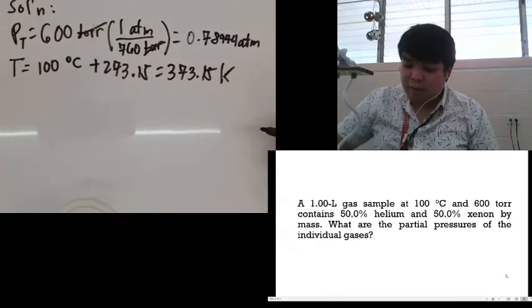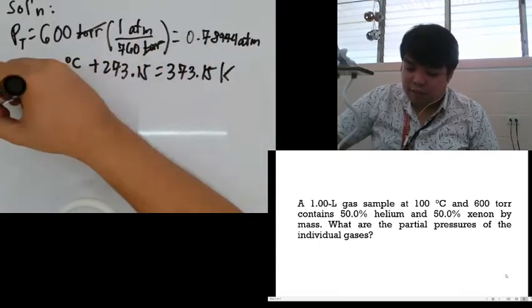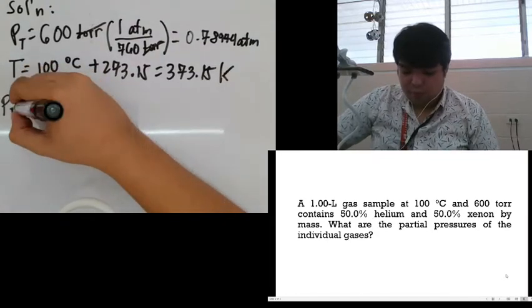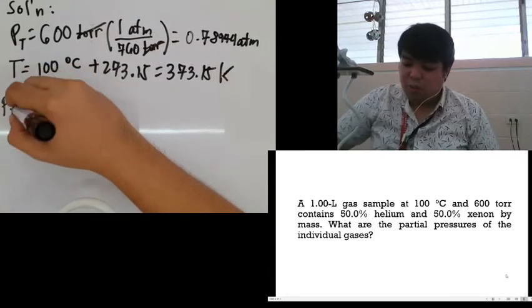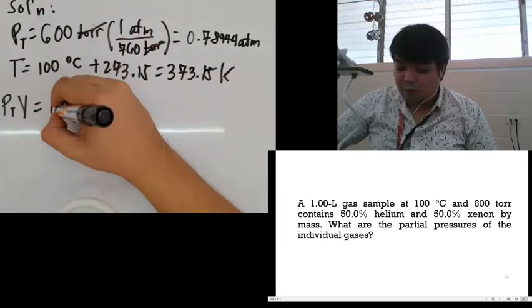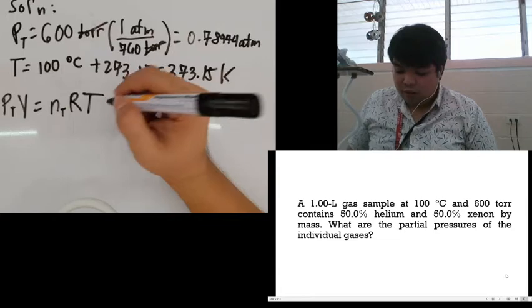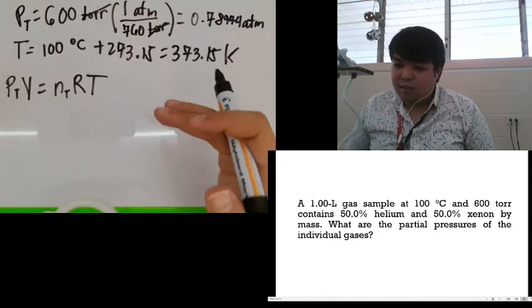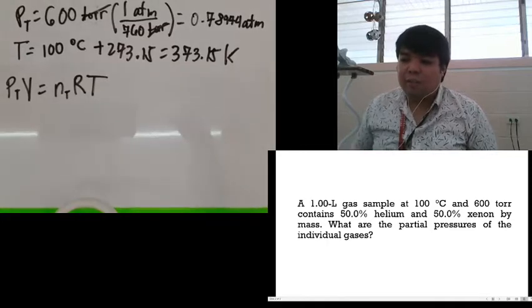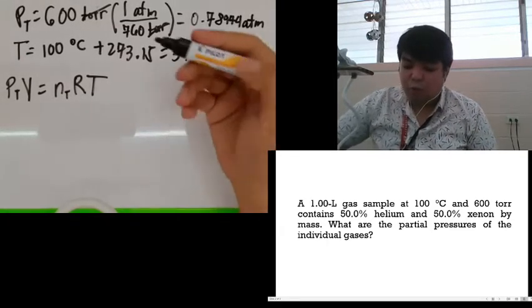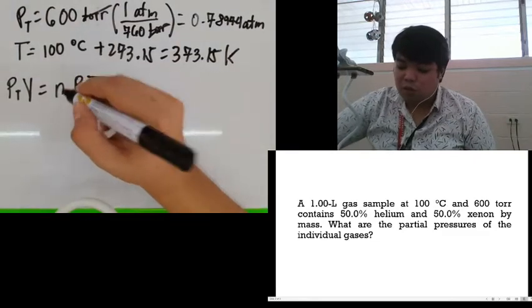from the ideal gas equation, we know that the total pressure in the mixture times its volume is equal to the total number of moles times the gas constant times the temperature, right? But since what we only know is the composition of the mixture, we first get the total number of moles of the mixture.